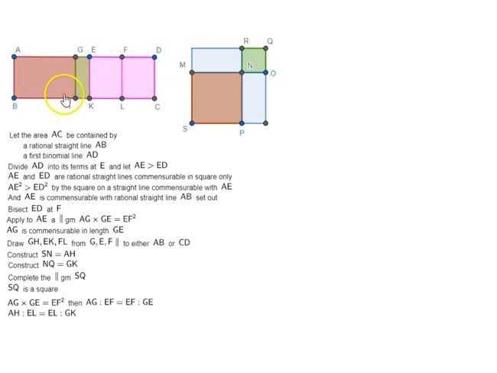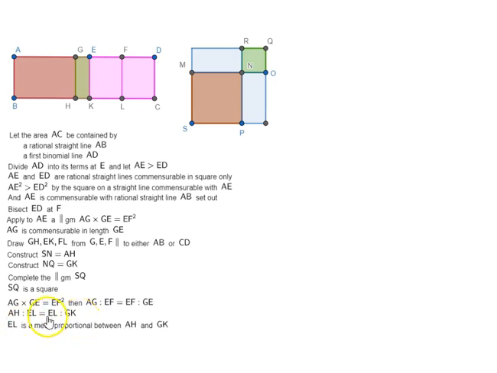AH, which is the figure on AG, is to EL, which is the figure on EF, as the figure on EF is to the figure on GE, that is GK. So based on this proportionality, we can write this proportion.